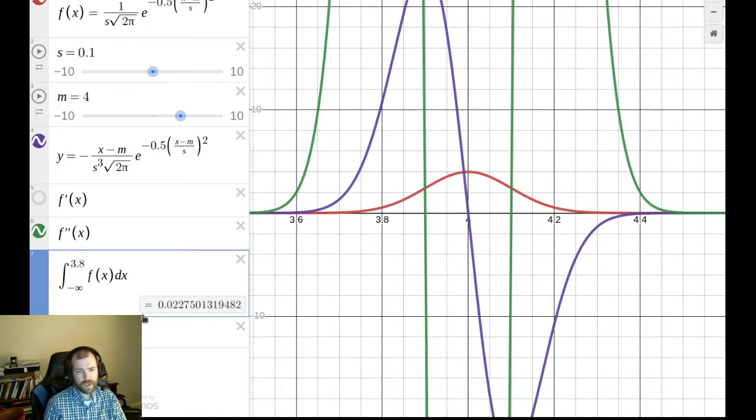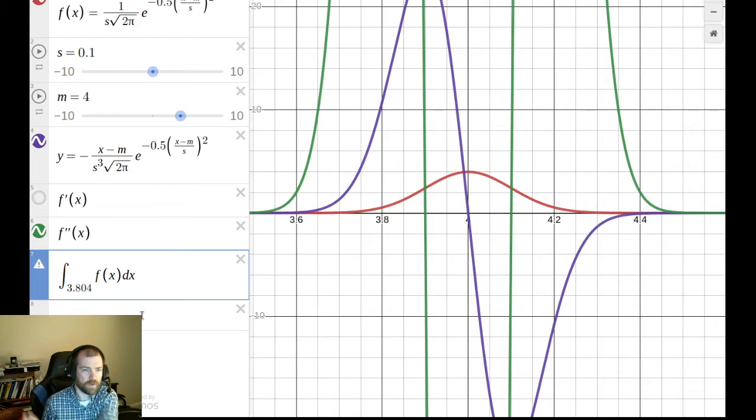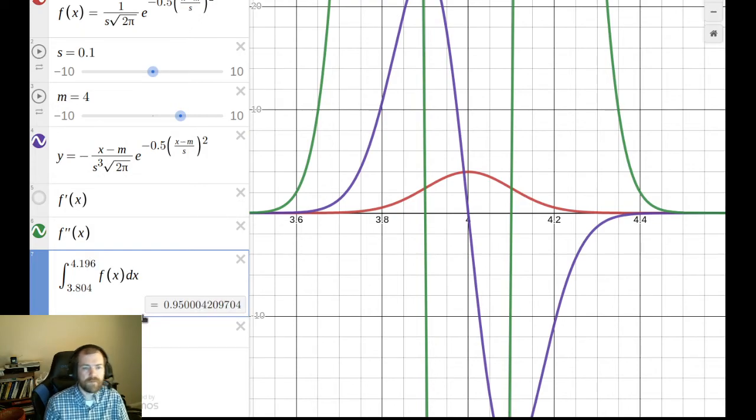So 3.82, 3.81, 3.805, 3.804. There we go. So 3.804 is going to be the magic number for this one. Which means that above 4, that's going to be a 4.196. It's going to get us about as accurate as we're going to get here.